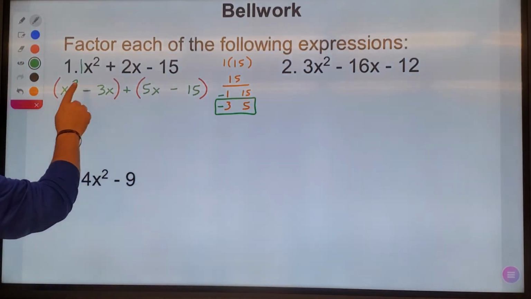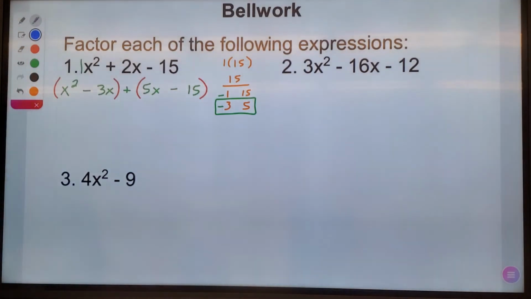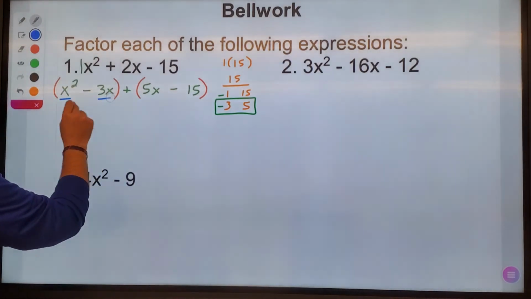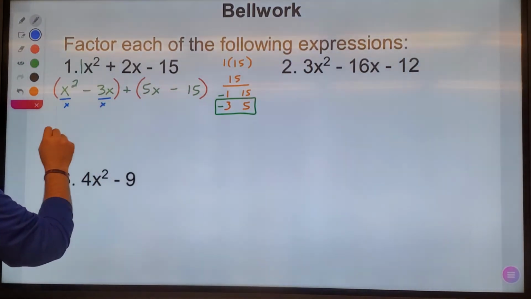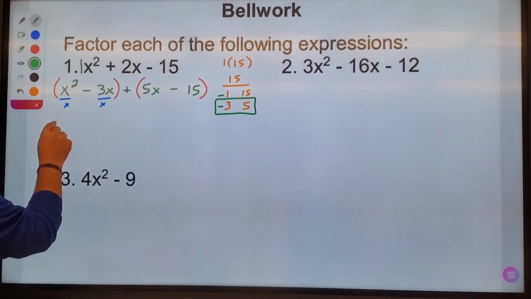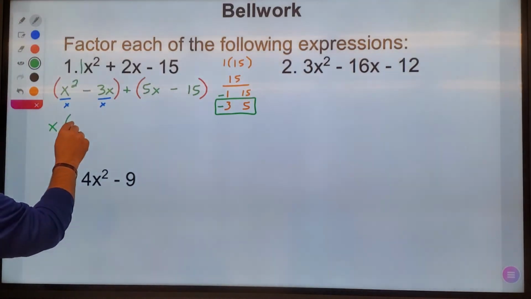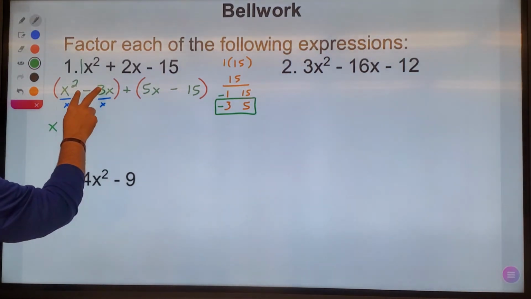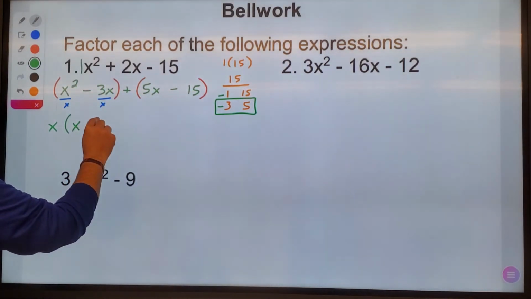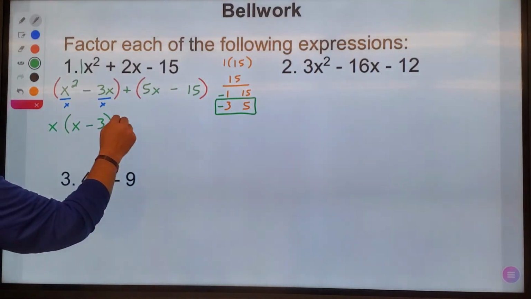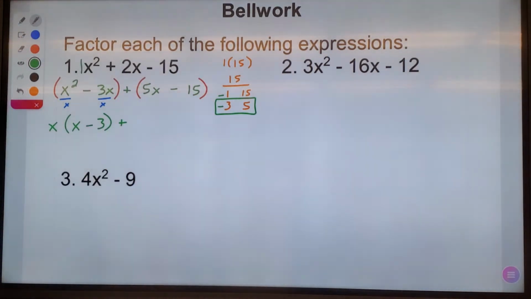Again, I'm going to look inside each set of parentheses and find out what I can divide by to pull it out. So here I have an x in common. That's going to give me x times what's left. x squared divided by x is just x. Negative 3x divided by x is negative 3. The sign in the middle just comes straight down.